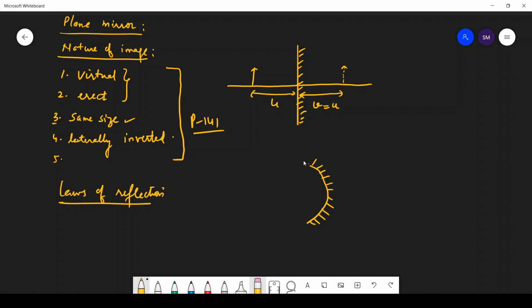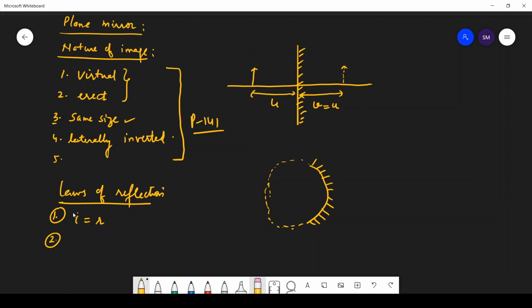Spherical mirrors are parts of a sphere, that is why we call them spherical mirrors. So what are the laws of reflection which are followed by the plane mirror as well as spherical mirrors? So the first law is that the angle of incidence is equal to the angle of reflection. So these are very important.